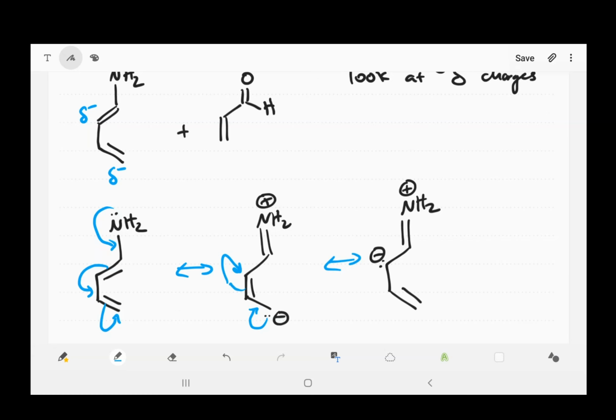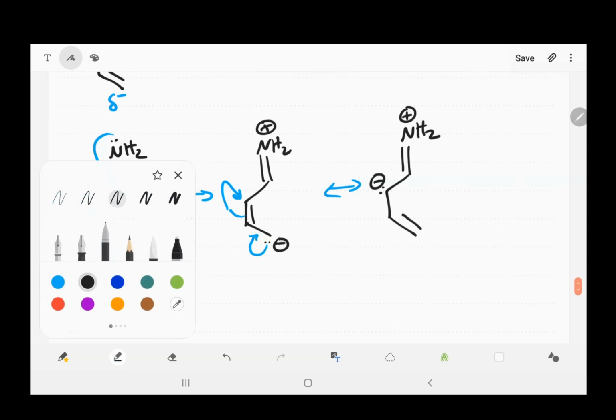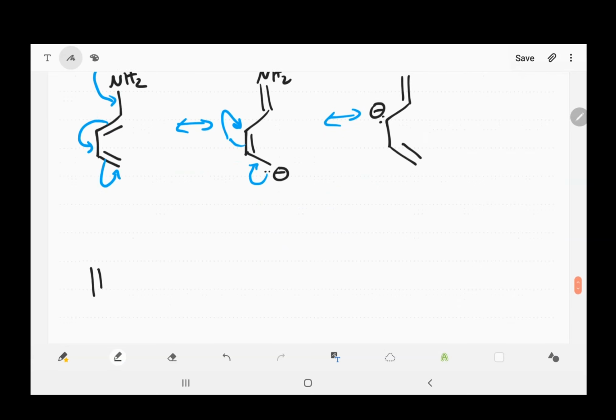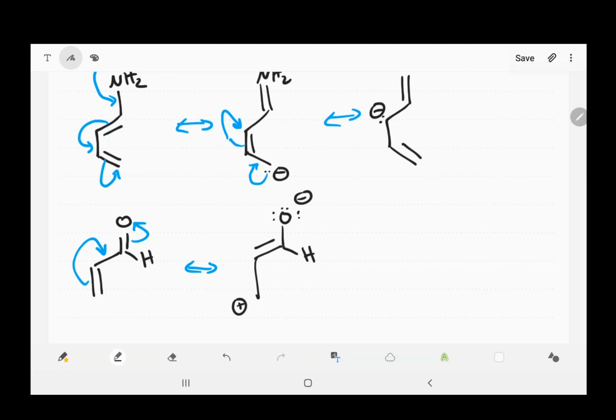Hopefully not too bad. If we look at the other one, the dienophile, if we resonate this, it'll be a little easier because we only have one thing we can do. We end up with a positive down on carbon 2.